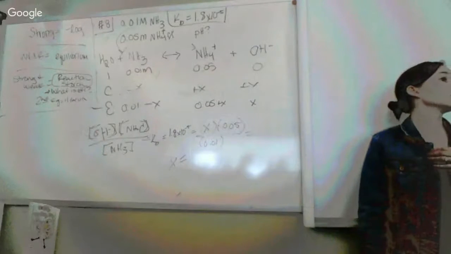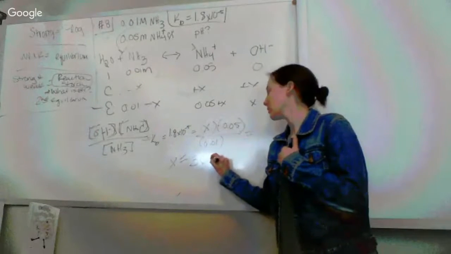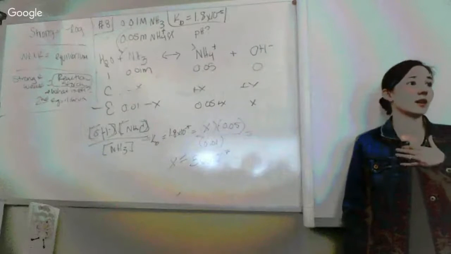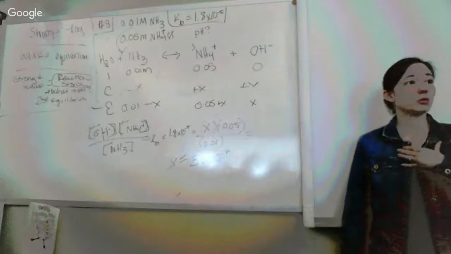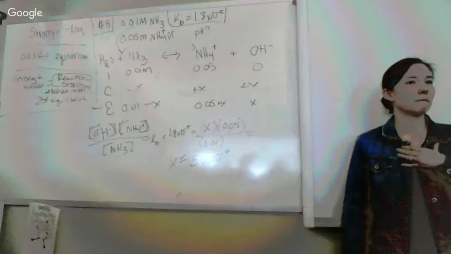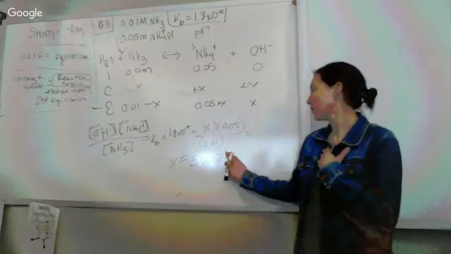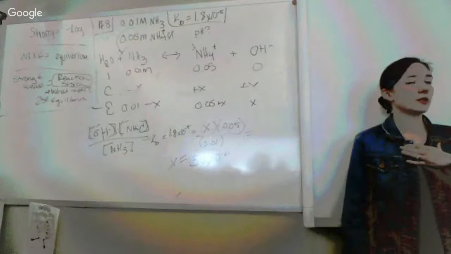Could you say that? Seems reasonable, 10 to the negative 6. To the negative 6? Oh, I just misheard her. Sorry. 3.6 times 10 to the negative 6.